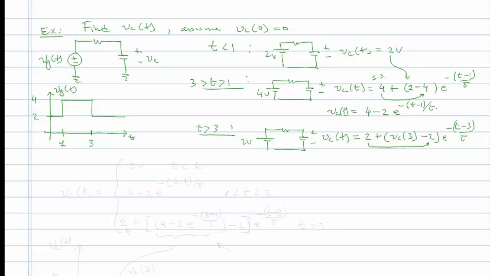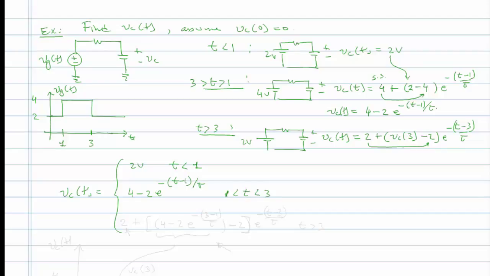Okay, so let's rewrite this. VC of t will be equal to 2 volts for t less than 1. Then it will be 4 minus 2 e to the minus (t minus 1) over tau for time between 1 and 3 seconds.